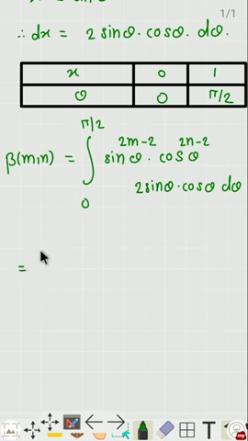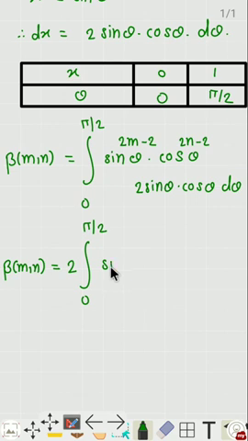It is equal to, so the constant 2 is outside the integration, or I can write it like this: beta m n is equal to 2, a constant outside, integration over 0 to pi by 2 into sine.